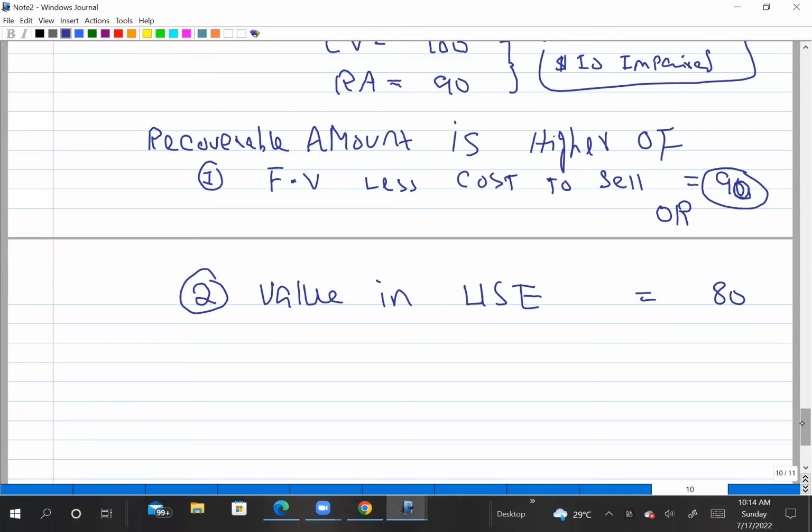For example, if fair value less cost to sell is $90 and value in use is $80, what will we do? Obviously, if I am getting more benefit by selling it, then I will dispose of the asset. That is $90. So the recoverable amount is $90.